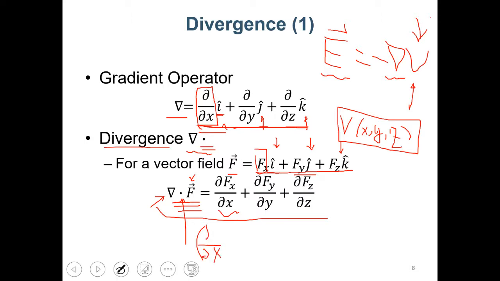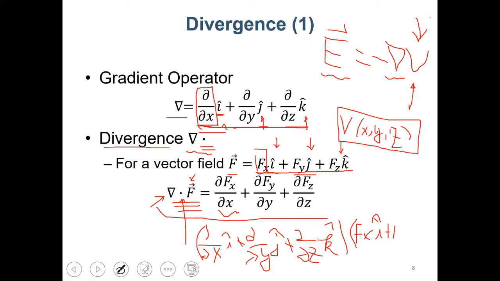partial x i plus partial y j plus partial z k and fx i plus fy j plus fz k.